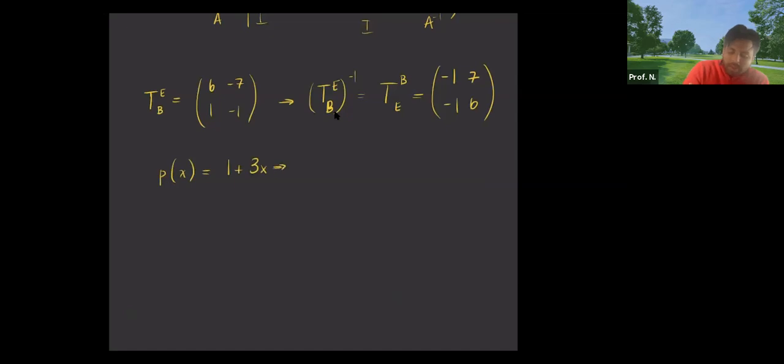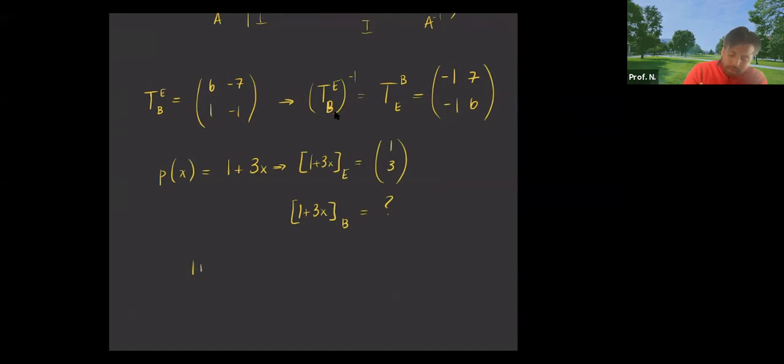So the 1 plus 3x in terms of the old basis, E, would be just 1, 3, correct? And I want to figure out what is 1 plus 3x in my new basis, call it B. Instead of having to solve a system to get that, I already have the matrix that transitions from the old to the new.